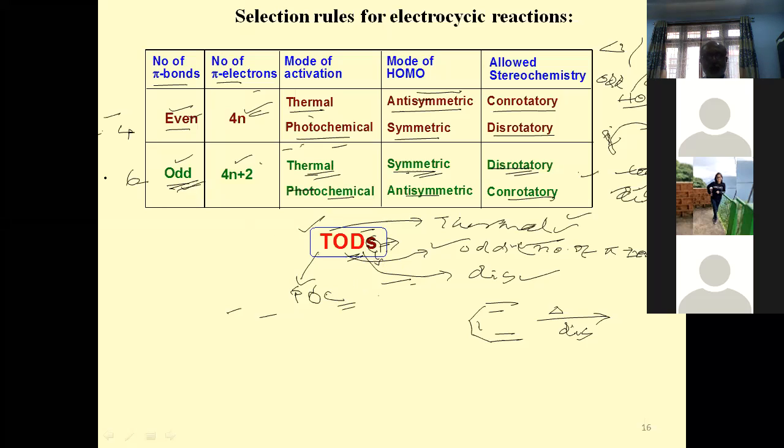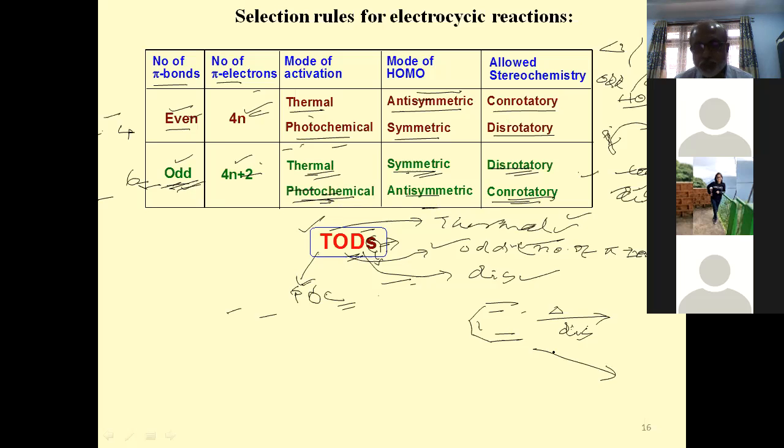Now you check, this is odd number, condition is photochemical, and it will be antisymmetric, so the rotation will be conrotation. So for this reactant, if the reaction is photochemical, the rotation has to be con, not dis.